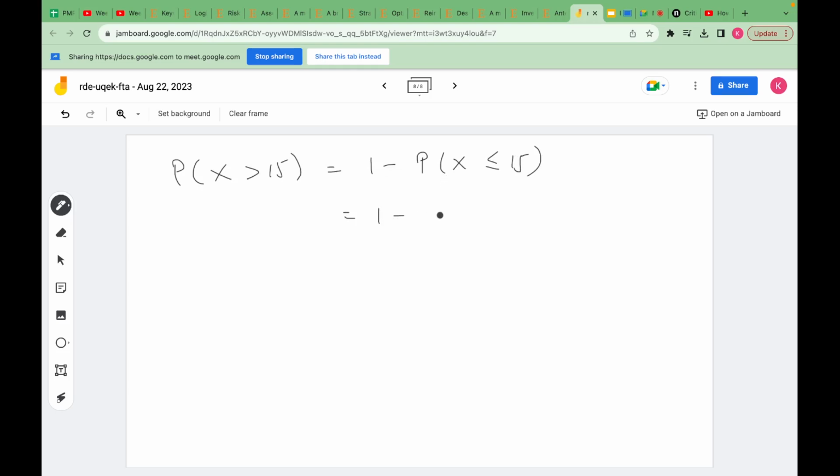So this is a uniform distribution from 0 to 20. So we know the PDF is 1 upon b minus a, where b is 20 and a is 0. Okay.